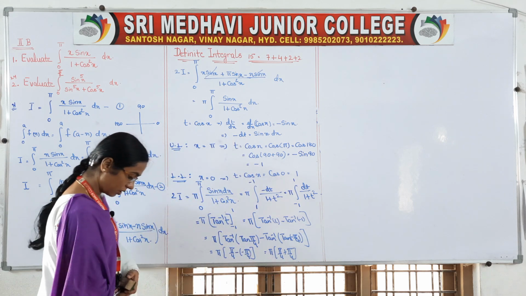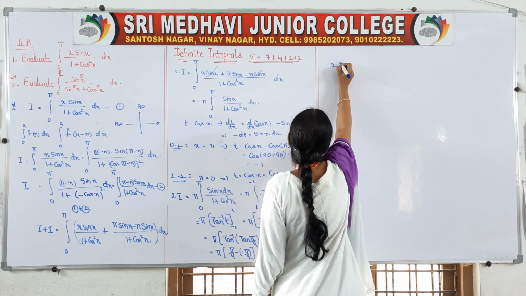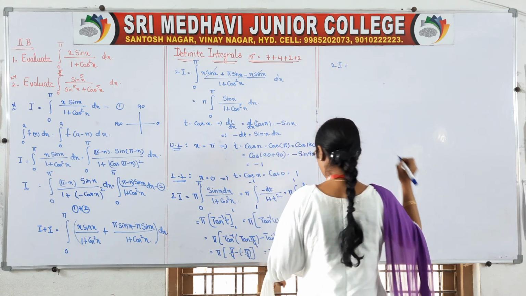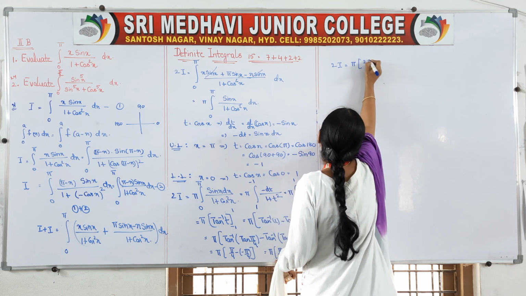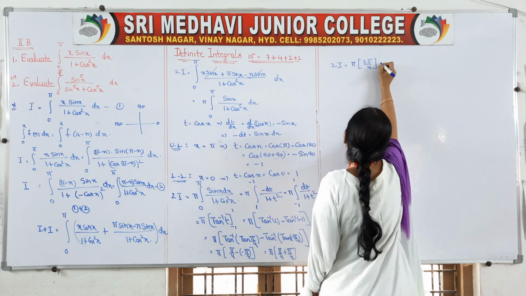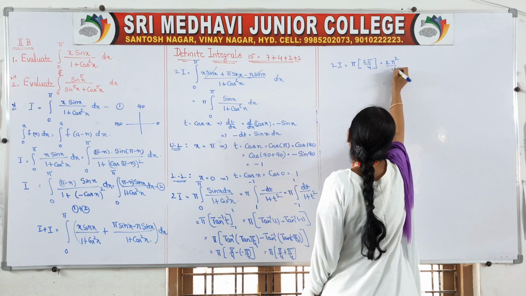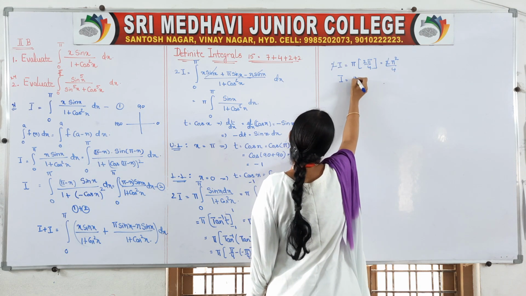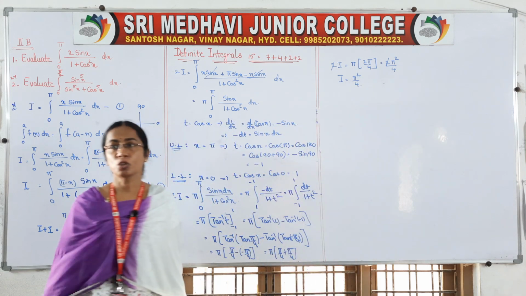So what is our value? 2I is equal to pi into 2 pi by 4. We can write this as 2 into pi square by 4. The 2 cancels, so I is equal to pi square by 4, which is the answer of this question.